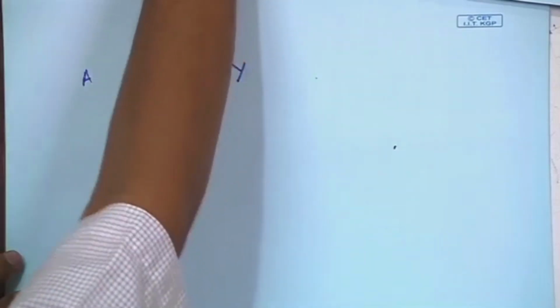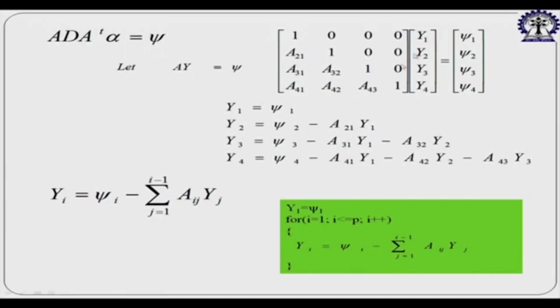I can write this down again with Y 1 and so on, solve it, and generalize it for any order. This is the generalization; I can write down this matrix and get the Y value.